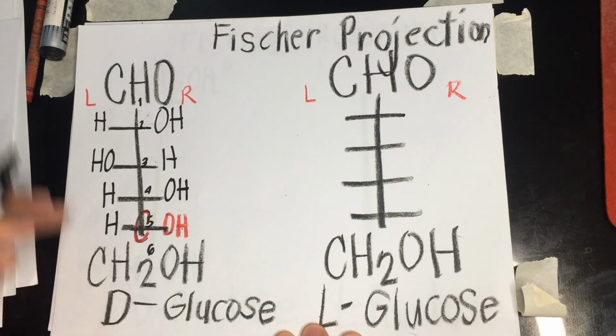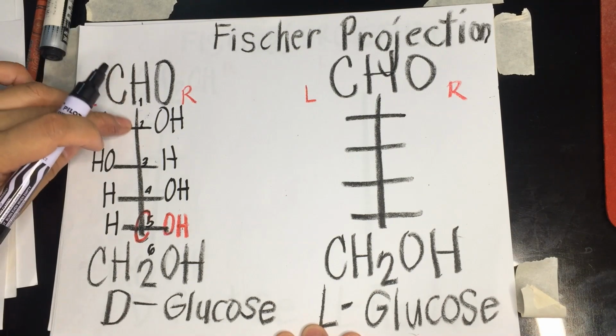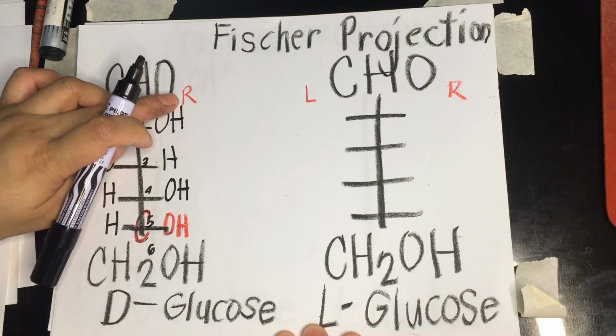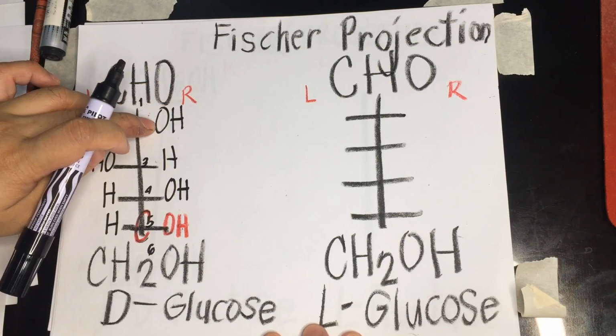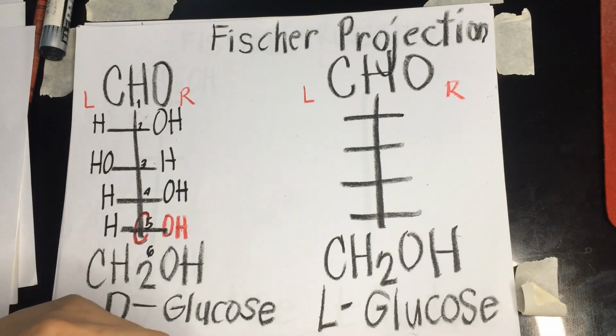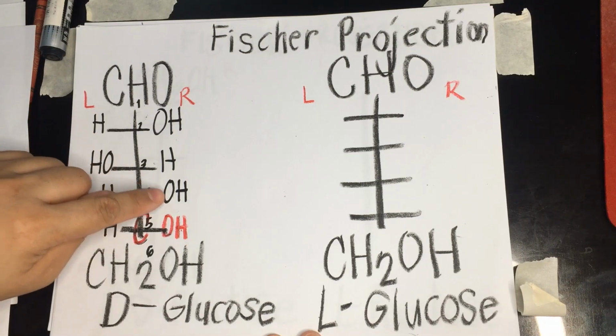We have here an aldehyde group on carbon number 1. Next, our hydroxyl group is placed on the right side of our carbon number 2. Next, carbon number 3 is placed on the left side. Carbon number 4, the hydroxyl group, is placed on the right side.